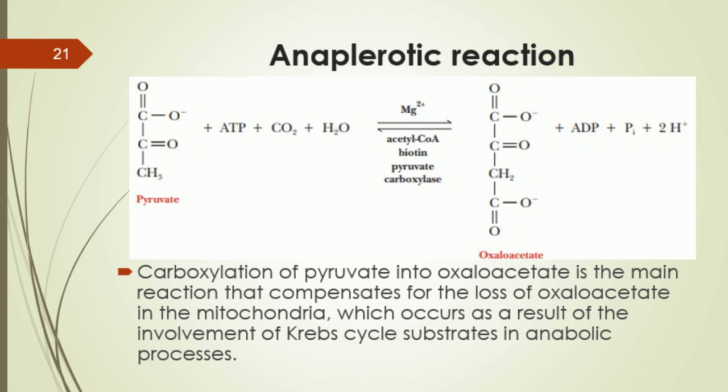As a result of the use of Krebs cycle metabolites in anabolic reactions, their amount decreases in mitochondria. Such a decrease in the Krebs cycle substrates can be compensated by anaplerotic reactions. The most important of these is the carboxylation reaction of pyruvate into oxaloacetate.